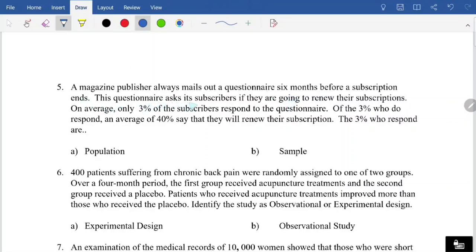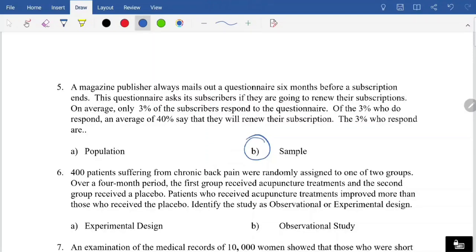The questionnaire asks its subscribers if they are going to renew their subscriptions. On average, only 3% of the subscribers respond, and of the 3%, 40% say that they will renew. Now, the question is about the 3% who respond. Are they the population or the sample? Clearly, they are the sample because they do not represent the entire group, they are a subset of all the subscribers.